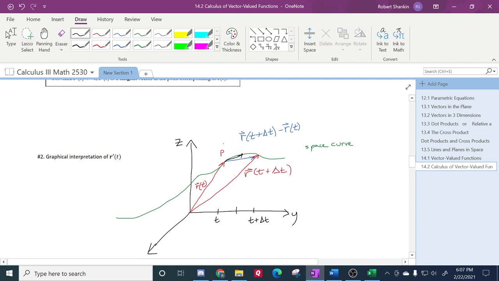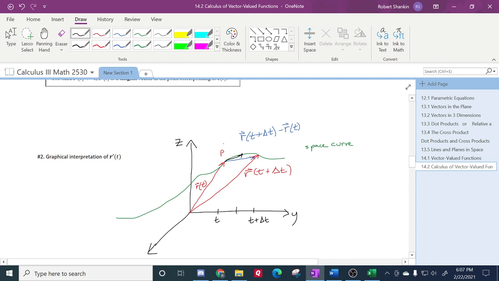Now notice that this black vector is maybe only about half as long as the blue vector. But the Δt is only going to be about half as much. And when you divide by 1/2, it's the same thing as doubling. So the length of the vector isn't going to change much.